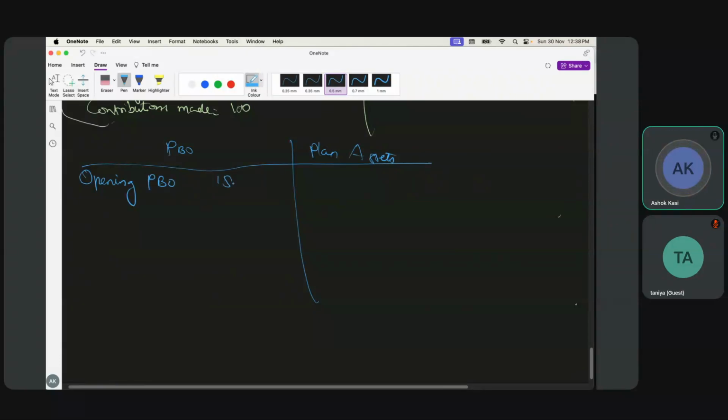Opening PBO, past service cost 200, interest cost or interest expense, okay, is 150.